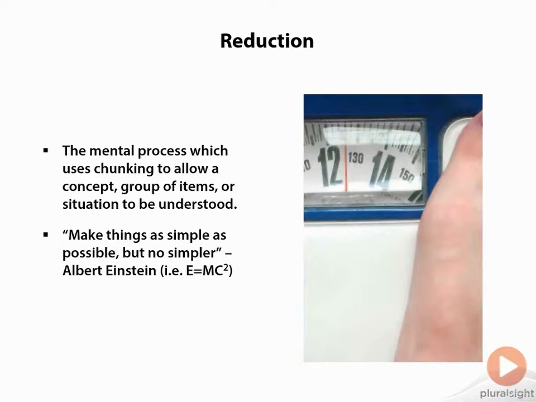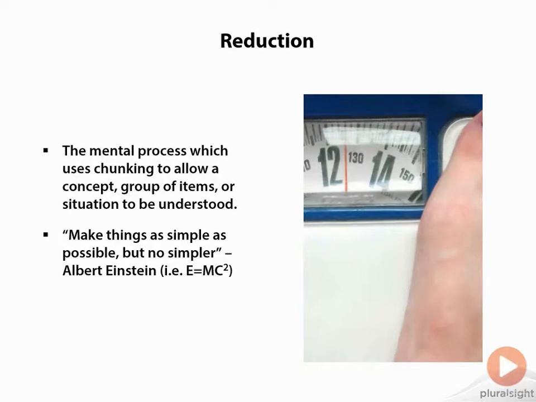Einstein said, make things as simple as possible, but no simpler, right? So, yeah, he's famous for E equals MC squared. He always was trying to make things simpler than they started, less complex. But he never tried to simplify things too much, because then it wouldn't matter.